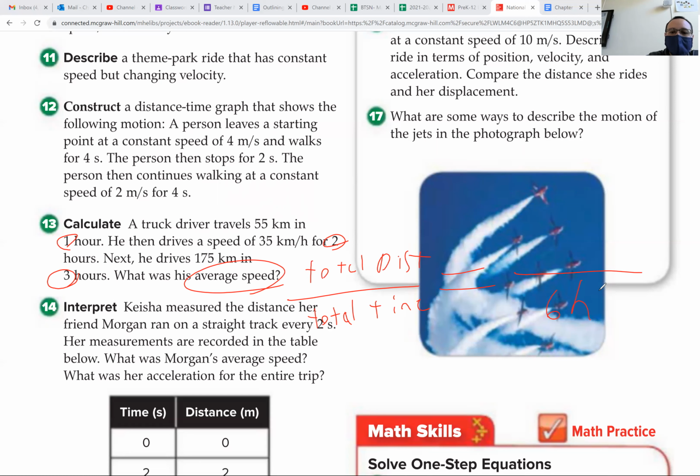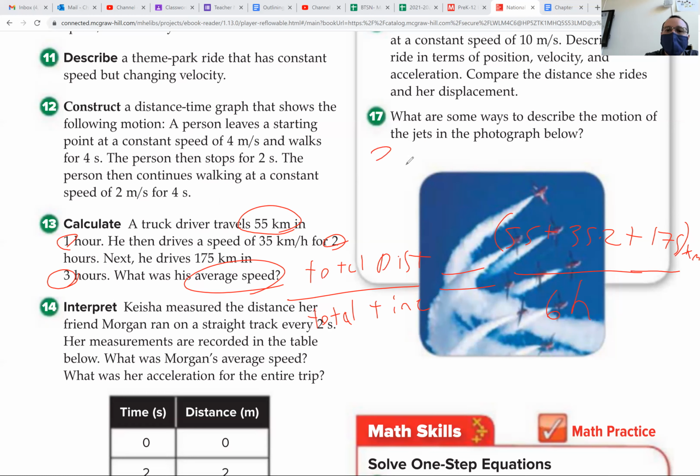Total distance, we've got 55 kilometers in the first hour, so we'll go 55 plus 35 for 2 hours, so 35 times 2 plus 175, okay, for 3 hours. And this is all kilometers, okay? And if you do the math, 55 plus 70 plus 175, that's gonna give you 300, okay?